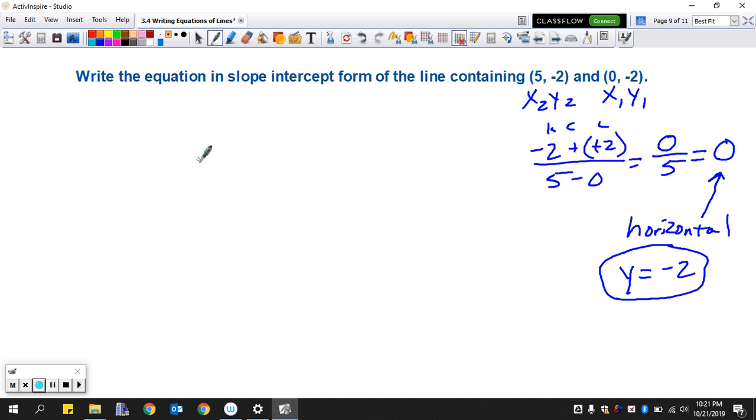If we want to plug it into the point slope form, y minus y1 equals m times x minus x1, we'll do that just to show that it's the same thing.